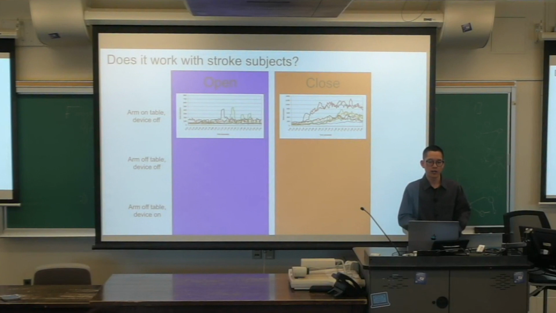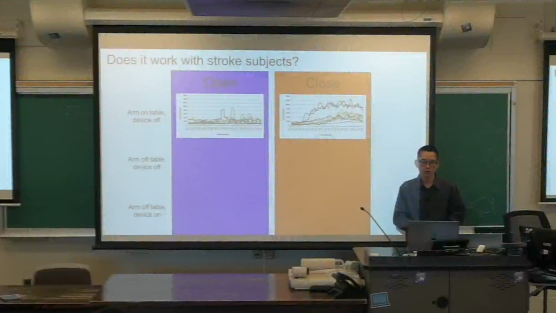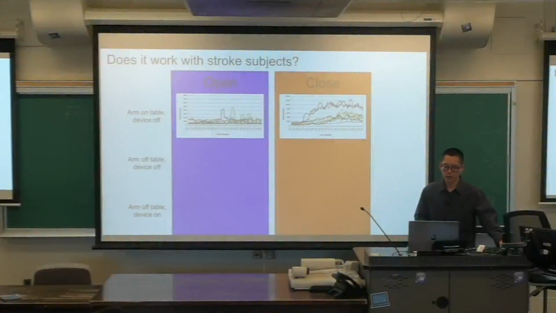Remember that when we were collecting data, we asked the patient to relax their arm on the table, and the device was not engaged. The motor was not moving. But when the patient is doing functional pick and place, they're going to move their arm around, right? And the motor is going to move, so their hand is going to interact with the motor.